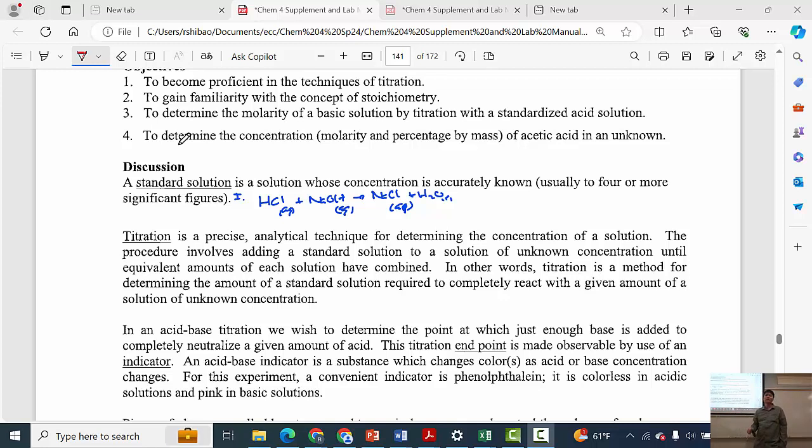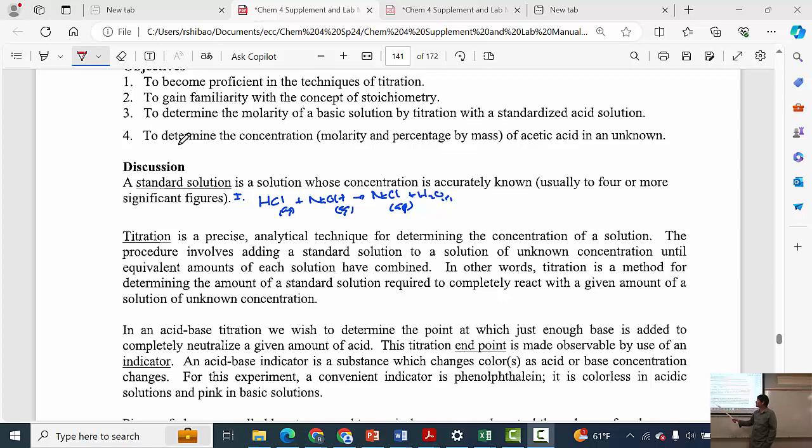Equivalent amounts means stoichiometrically equivalent amounts, which might not be the same in terms of volume. Just keep that in mind. In other words, titration is a method for determining the amount of a standard solution required to completely react with a given amount of solution of unknown concentration. I shouldn't say composition, because we know what the composition is. It's just sodium hydroxide and water.